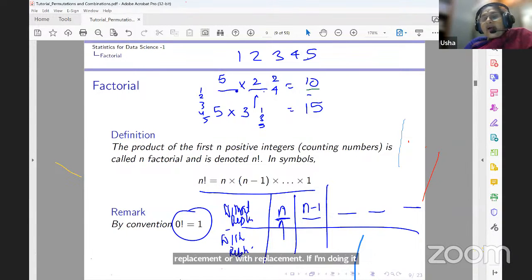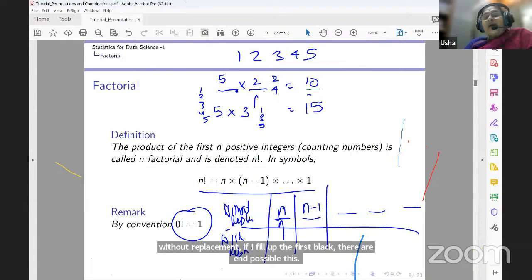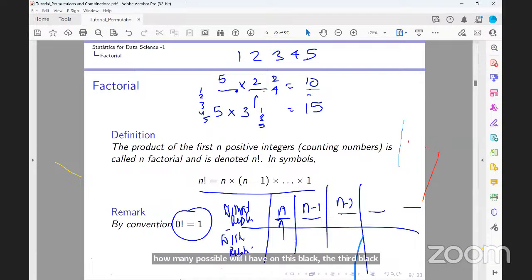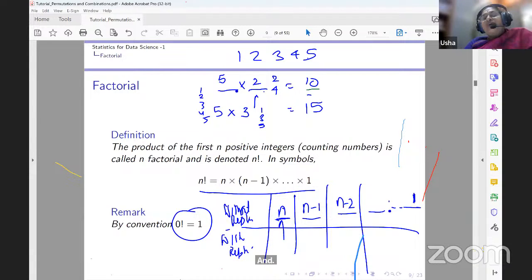I have only n minus 1 possible ways of filling up the next blank because I've already filled one here. How many possible ways will I have for the third blank? n minus 2. And so on, until at the end I'll have only 1 way of doing it.